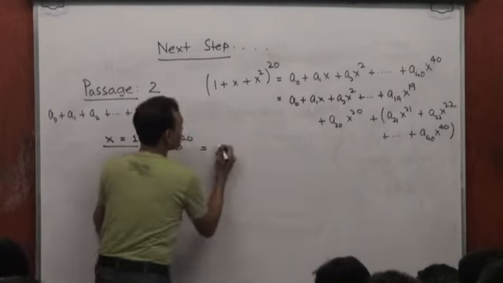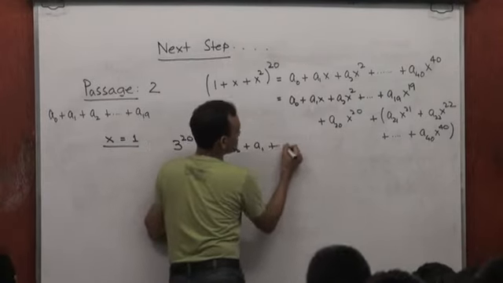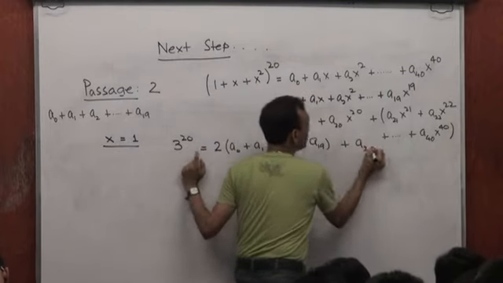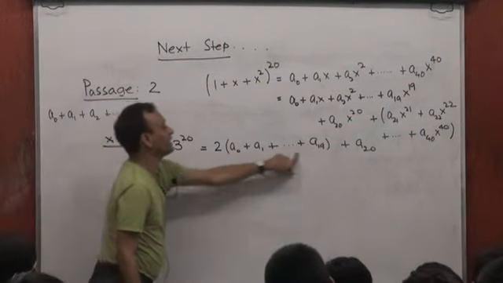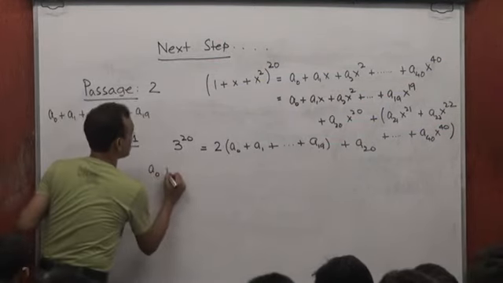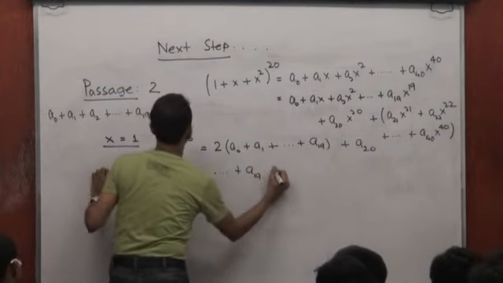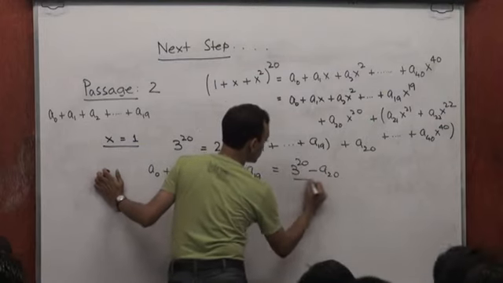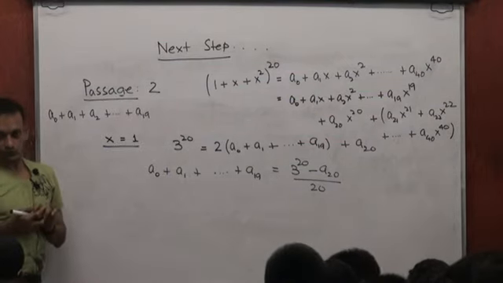So this is like twice (A0 + A1 + ... + A19) plus A20, right? And then I get A0 plus A1 plus ... A19 equals (3 to power 20 minus A20) by 2. Yes or no? Right?